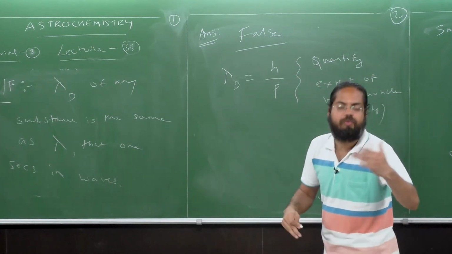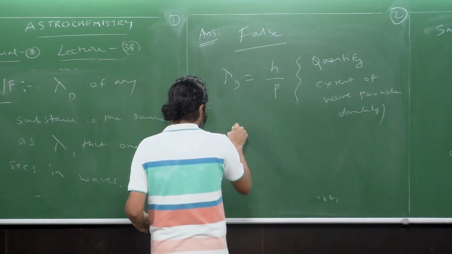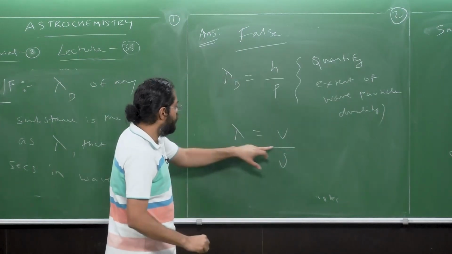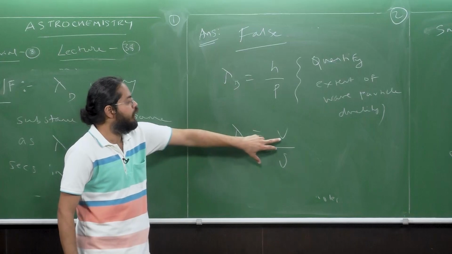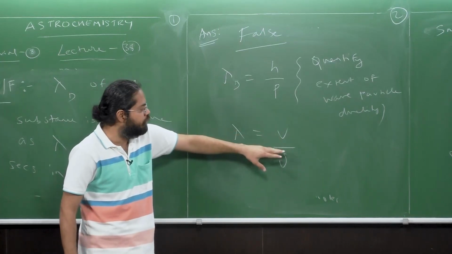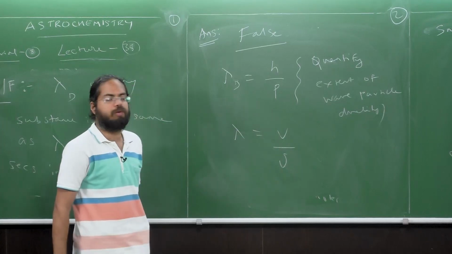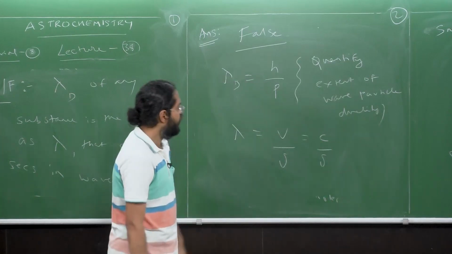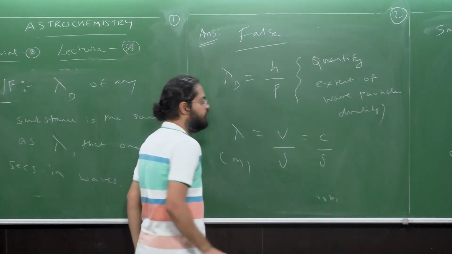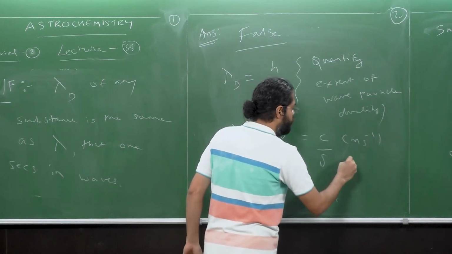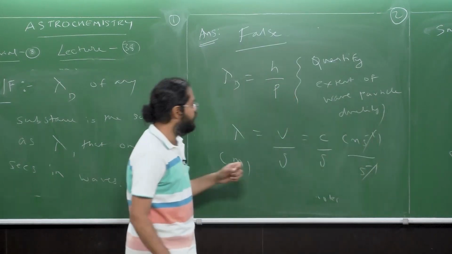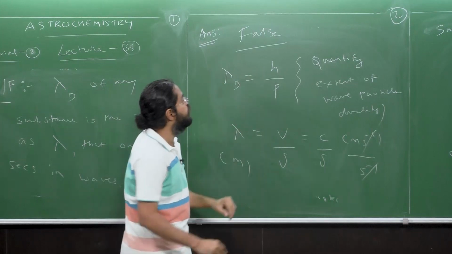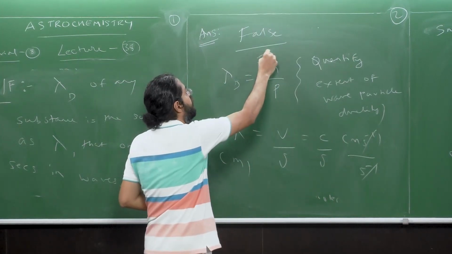Whereas the wavelength of a wave is defined by c equals mu lambda, that is, by dividing the wave velocity by its frequency, or in the more conventional notation, c by mu. So this is going to be meters, this is meters per second, and this is per second, so you get meters here. Likewise, this is meter, but the units come about in a different way. This is going to be joule seconds, and this is going to be what?